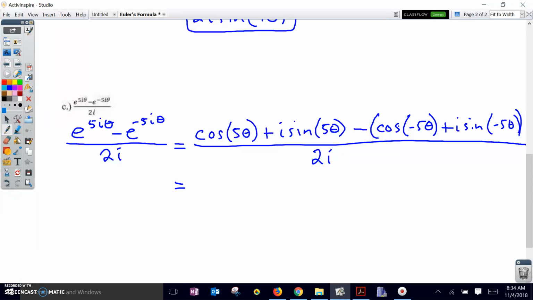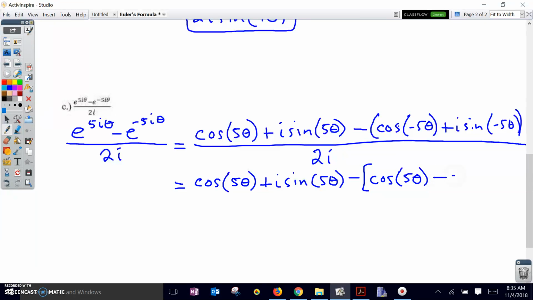which is going to be equal to, again, we're going to make those unit circle replacements. And cosine of negative 5 theta is equal to cosine of 5 theta, whereas sine of negative 5 theta is equal to negative sine of 5 theta.